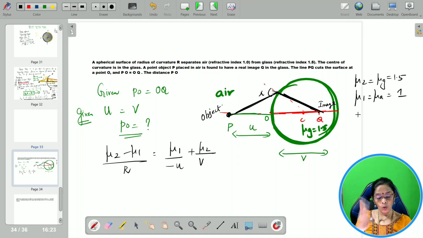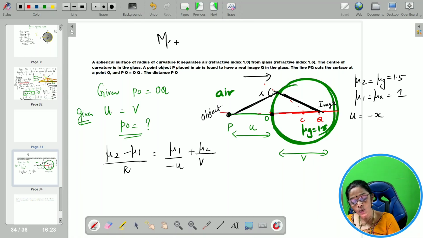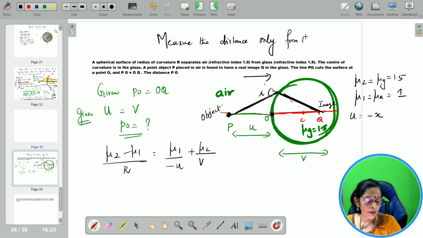U we do not know, so let us take U is equal to minus x. How do you say U is minus x? Because you have to measure the distance only from the pole of the spherical refracting surface, same as we have seen in the mirror.